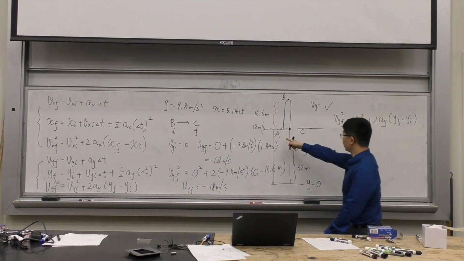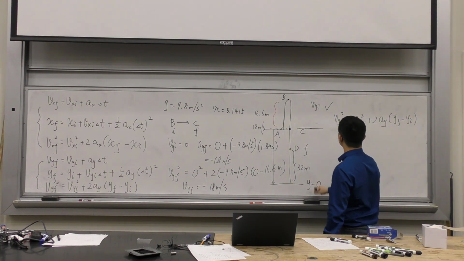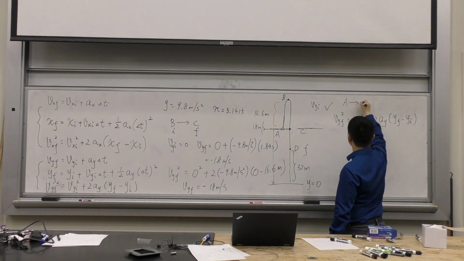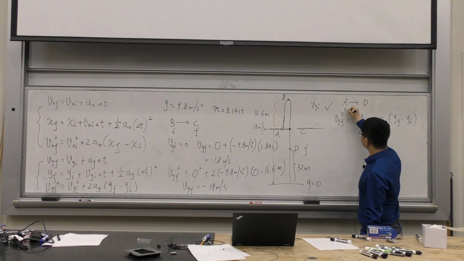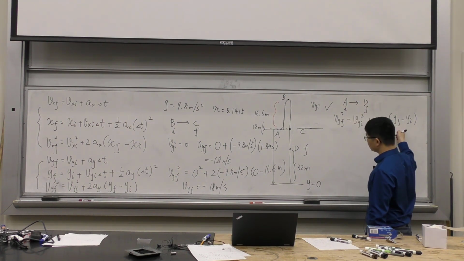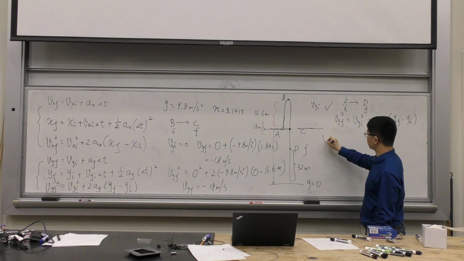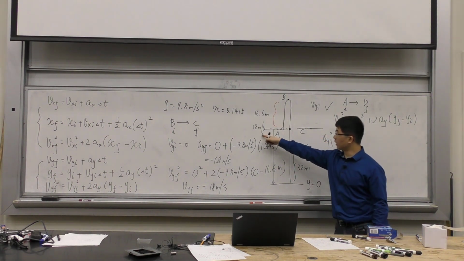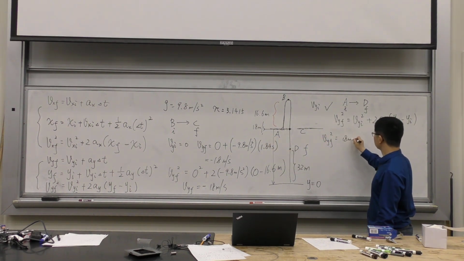I can use the theory. Okay, so let's just pick A as my initial. So I will pick A to D. This is my initial, this is my final. So I'm going to put all the numbers here and see if I can find the right answer. So Vyf equals, what is the initial velocity? 18 meters per second.